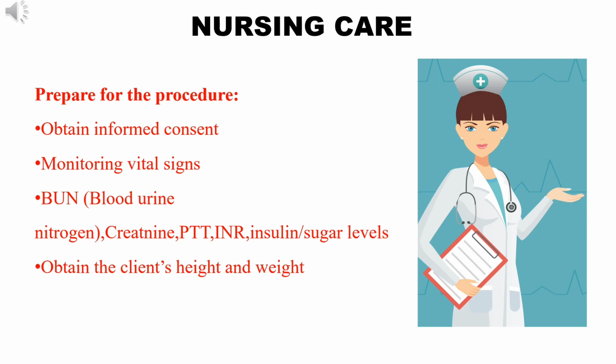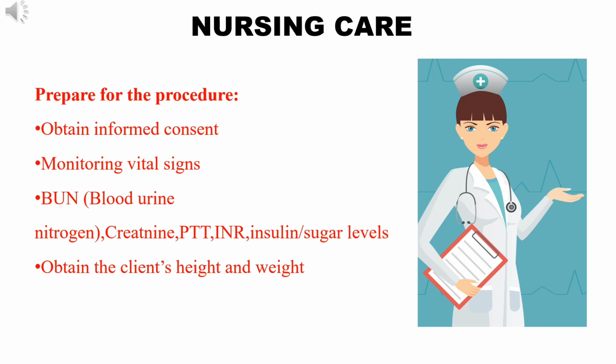Coming to the nursing care. Before the procedure, we have to explain to the patient. First, obtain the informed consent. After the patient is properly identified, the procedure must be explained before consent can be signed. Then monitor the vital signs. Baseline vital signs will be done, and then the doctor can proceed with the procedure.